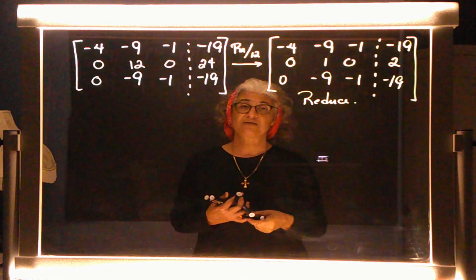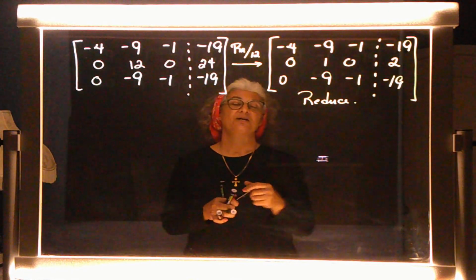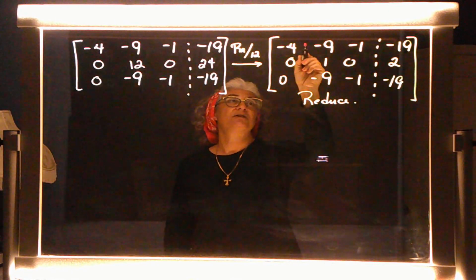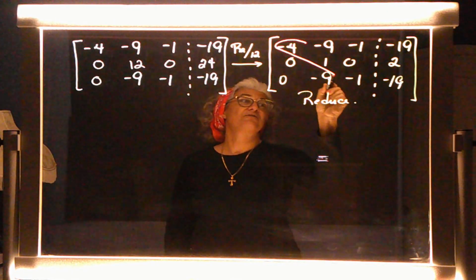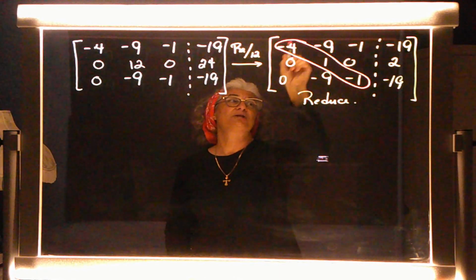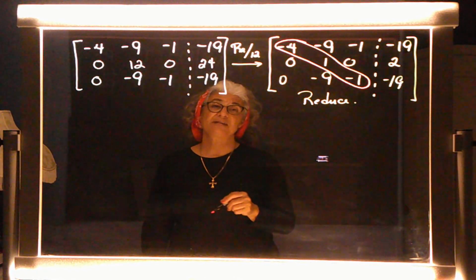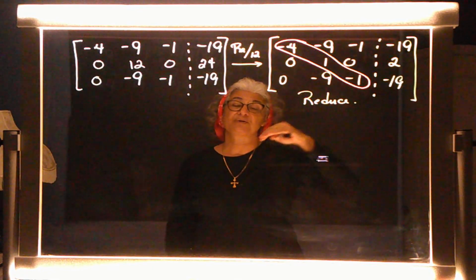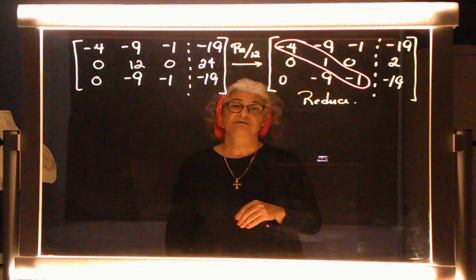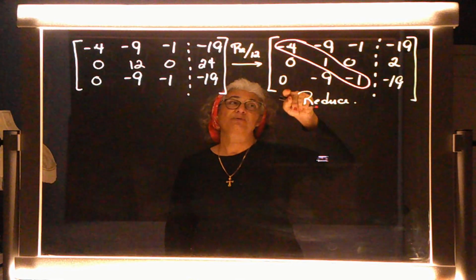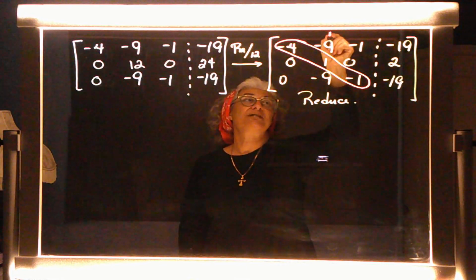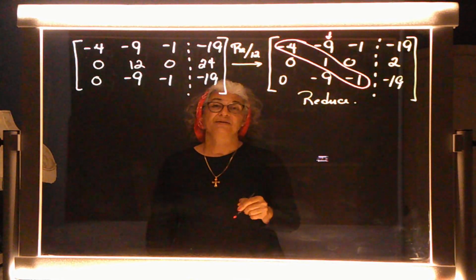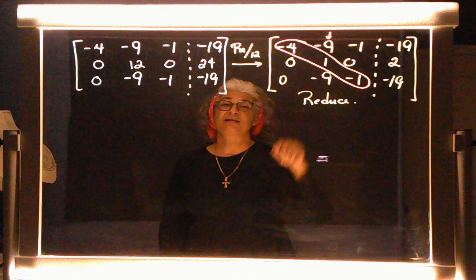We need to identify the main diagonal, which is in the upper left corner. So in this case, it has -4, +1, and -1 on it. And my goal is still the same, to get all the numbers above and below that main diagonal to equal 0. Well, in the last matrix, we got rid of the x's. Now it's time to get rid of the y's. Now I need to get rid of both of these -9's.